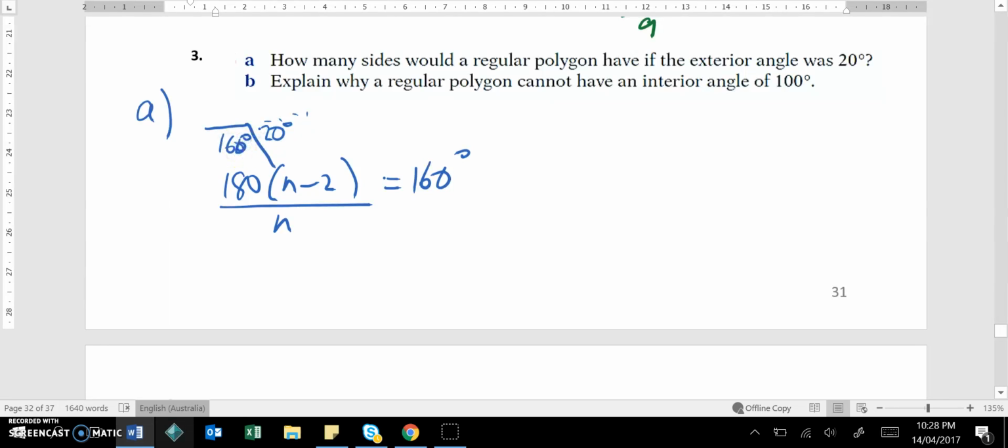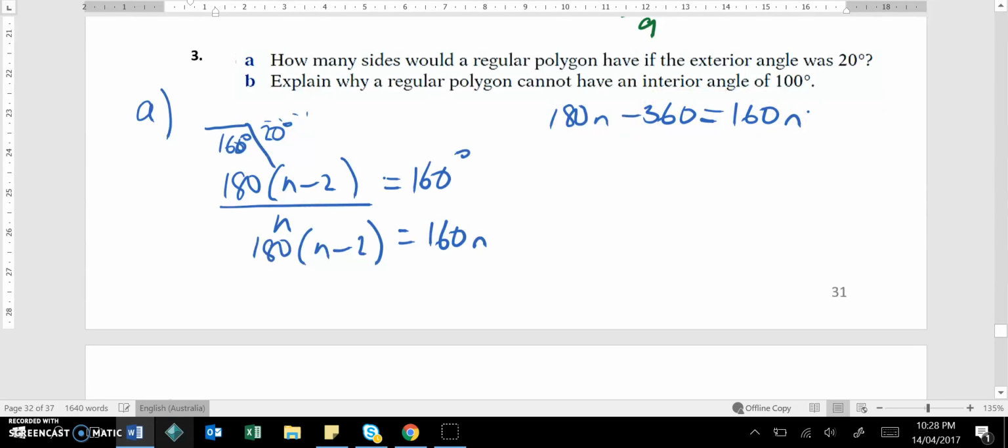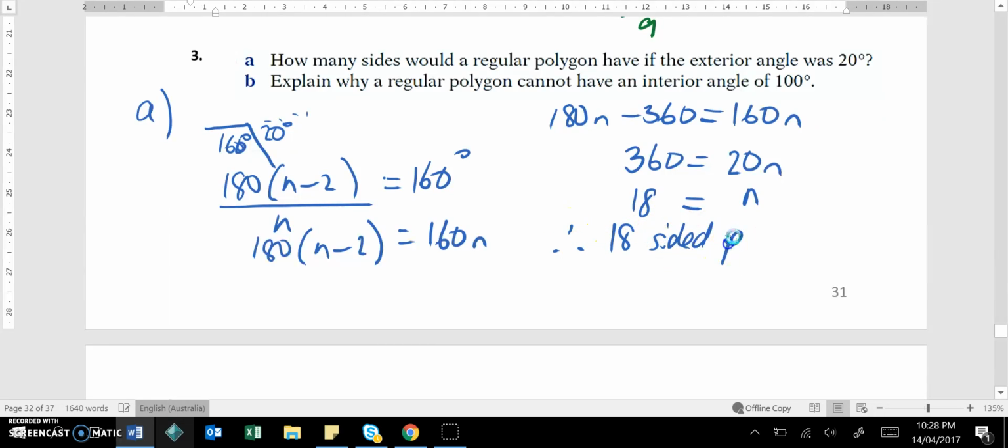And we want to work out the number of sides. So we're going to have 180 brackets n minus 2 is 160n. Solving for that equation, you've got 180n minus 360 is 160n. Take the 160n over and the 360 across, so you get 360 is 20n. Divide both sides by 20 and you get n is 18, so therefore it's an 18-sided polygon.